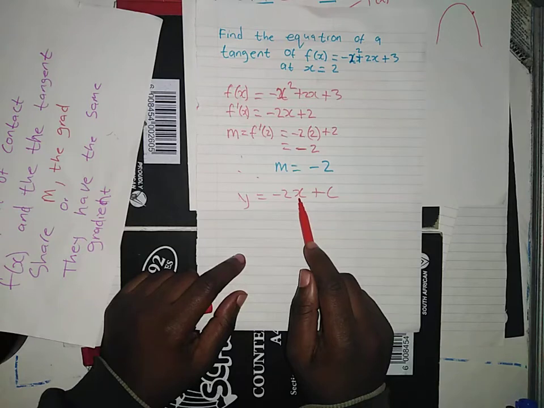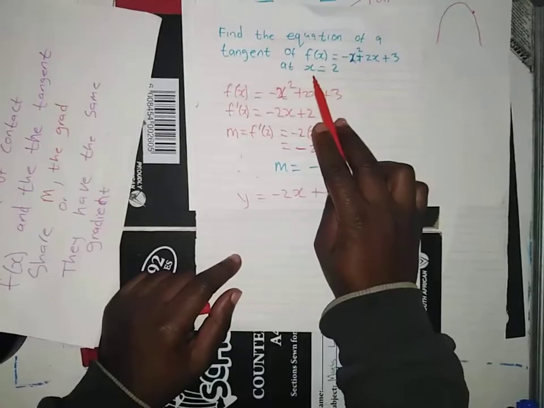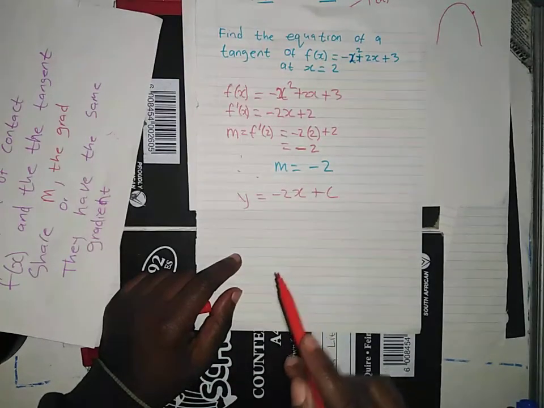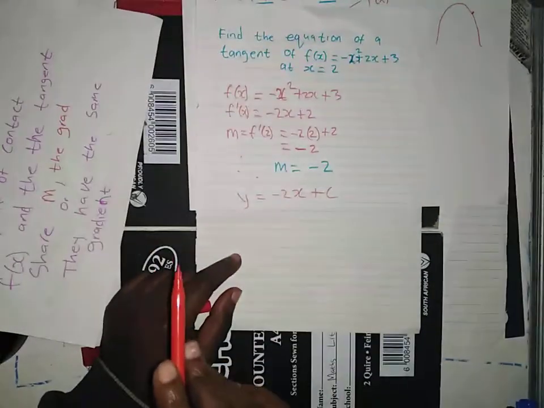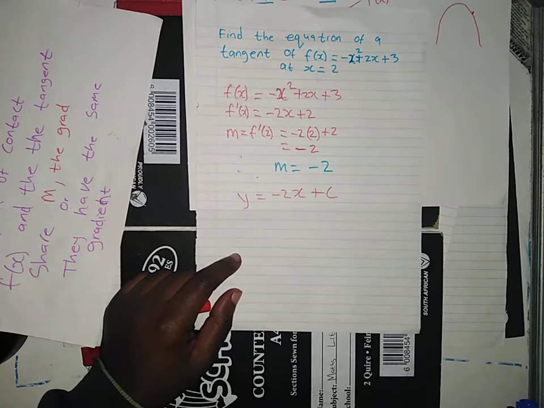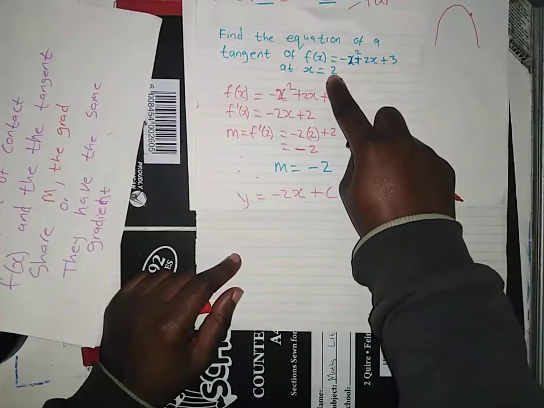You can already see that we have the x of this point because that is where they touch. Both the curve and the tangent touch at this point. So the x of that point is 2.